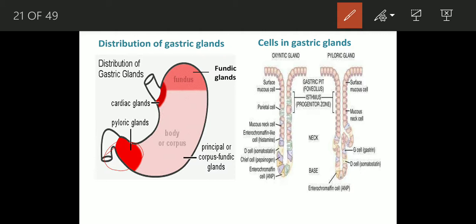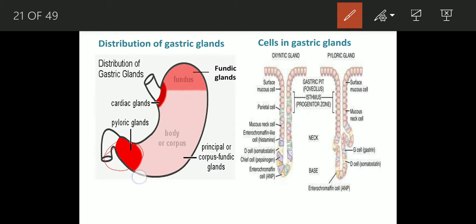So you can have the cardiac glands in the cardiac region. The cardiac region is having 5% of the gastric glands, and 75% of the gastric glands are present in the fundic as well as the carpofundic region.